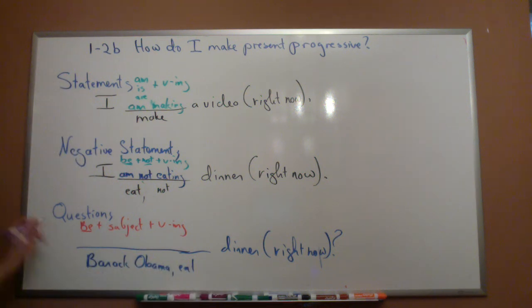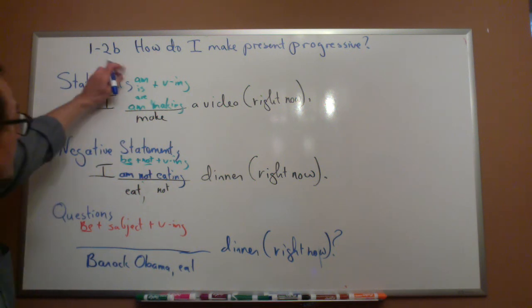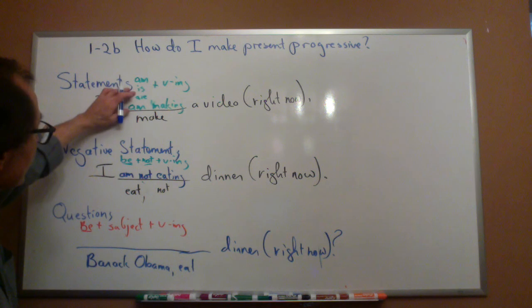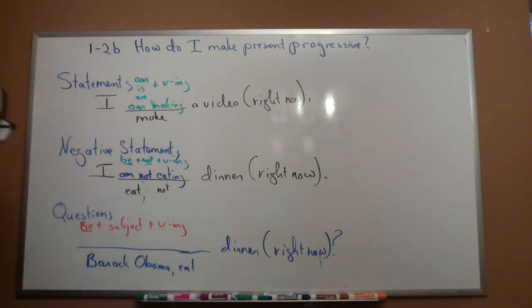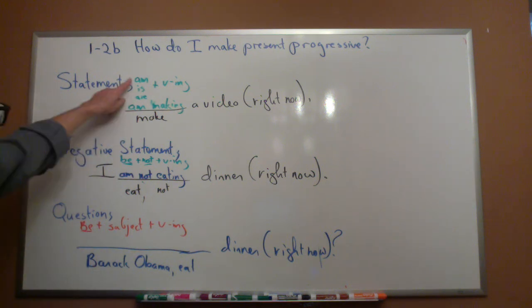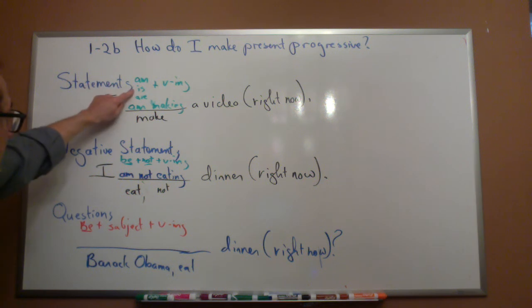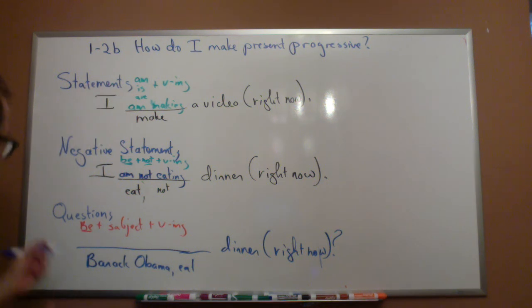Here, again I ask, well, Barack Obama, what form of be will I use? Present forms of be are am, is, are. So what would I use with Barack Obama? Would I say Barack Obama am eating dinner, is eating dinner, or are eating dinner? Take a minute and think. Yeah, you're right.